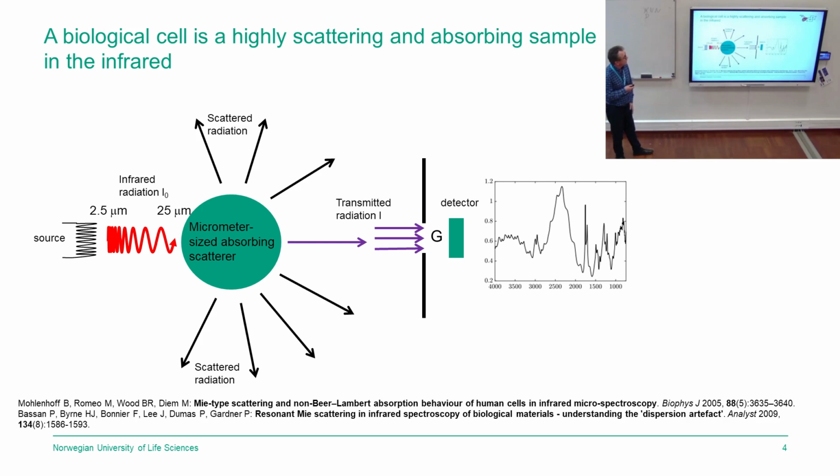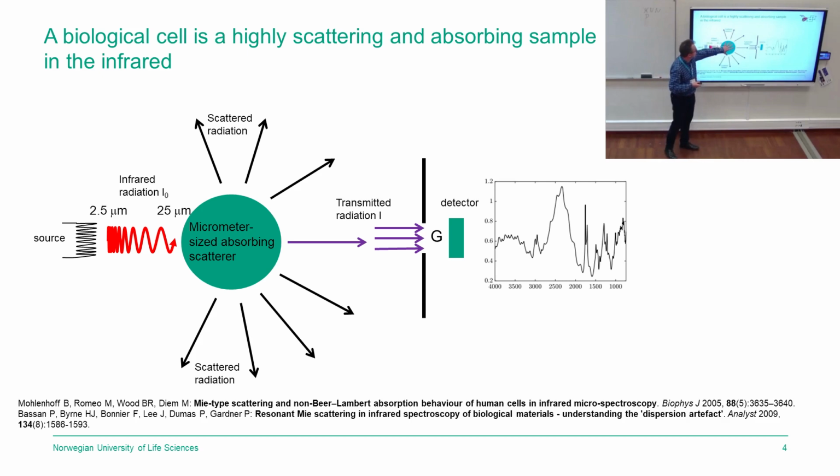So a biological cell is a highly scattering and absorbing sample in the infrared, and typically what we get is spectra like this. If you're used to mid-infrared spectroscopy, it doesn't really look like what you expect, like a nice infrared spectrum.